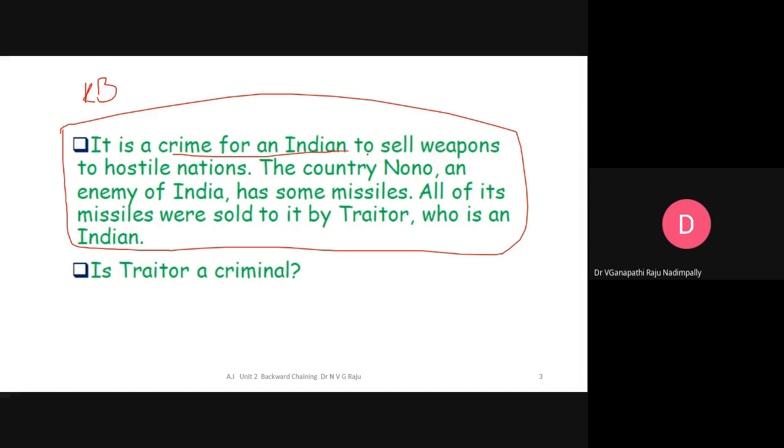to and the country and India now I think this knowledge base best previous session.